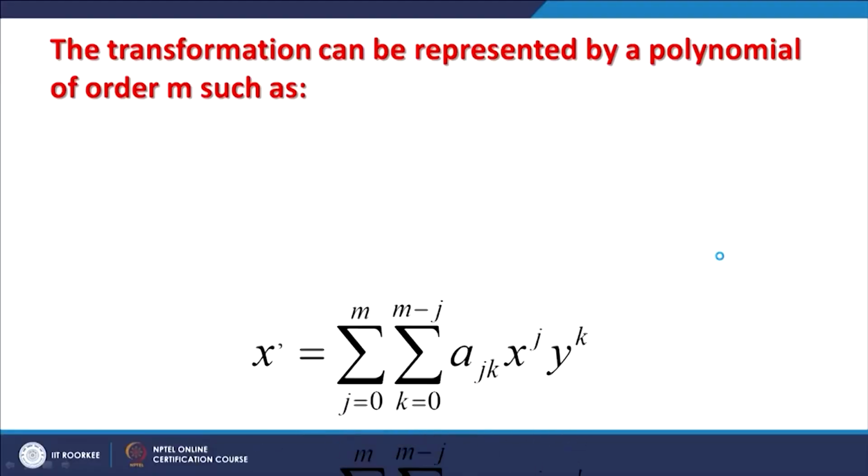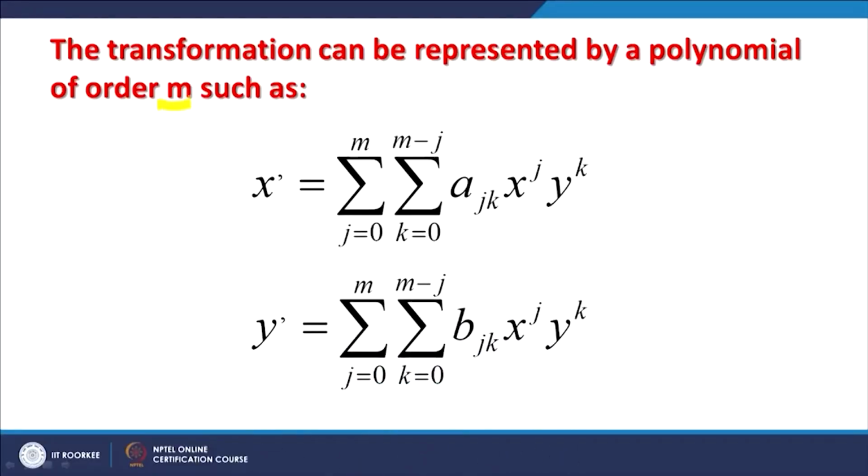Now, the transformation of a polynomial of a given order m can be expressed in these two equations. Basically, what we are trying to find out is x dash and y dash, the new location in the form of x and y, against the input location of a distorted image, or an image which is in a geometric coordinate system.